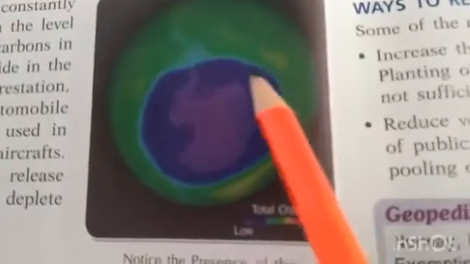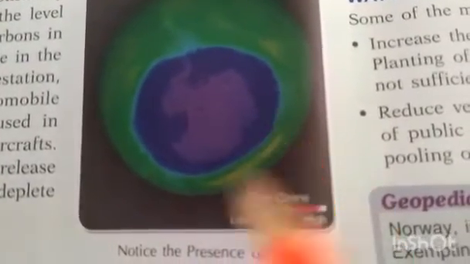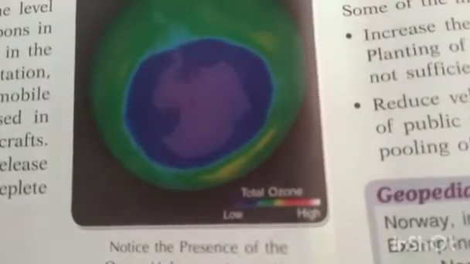It means the ozone layer is becoming thin here. Scientists found that the layer of ozone gas had started to thin over Antarctica.